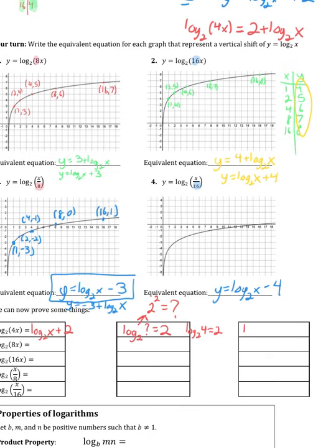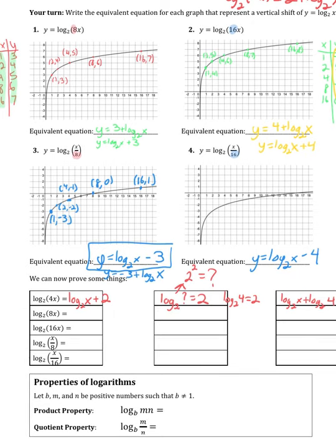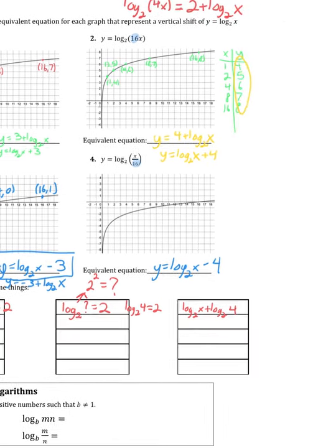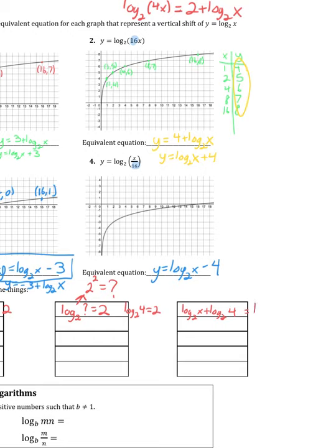And then that means you could write this as log base 2 of x plus log base 2 of 4. All right, so that's kind of what's happening here. So we're saying log base 2 of x plus log base 2 of 4, that's the same as log base 2 of 4x.